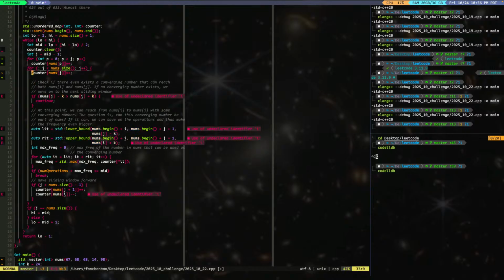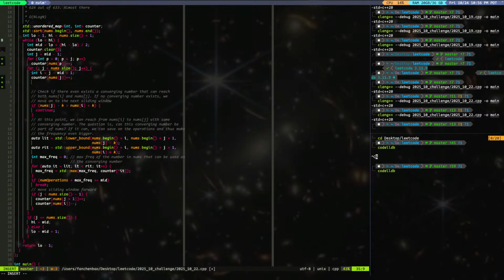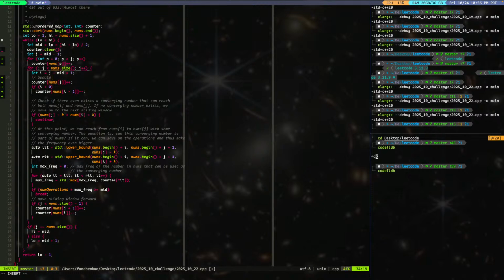Actually, we do this one first. So this is the I, and then we say if I is larger than 0, then counter nums I minus 1 minus minus. So this is to update counters within the sliding window.